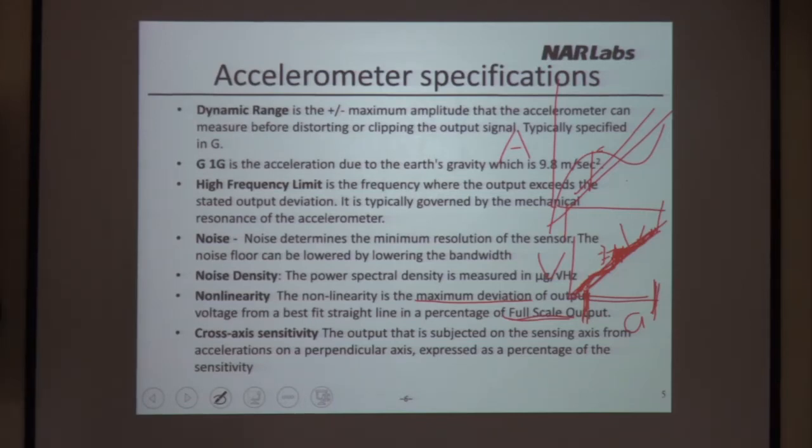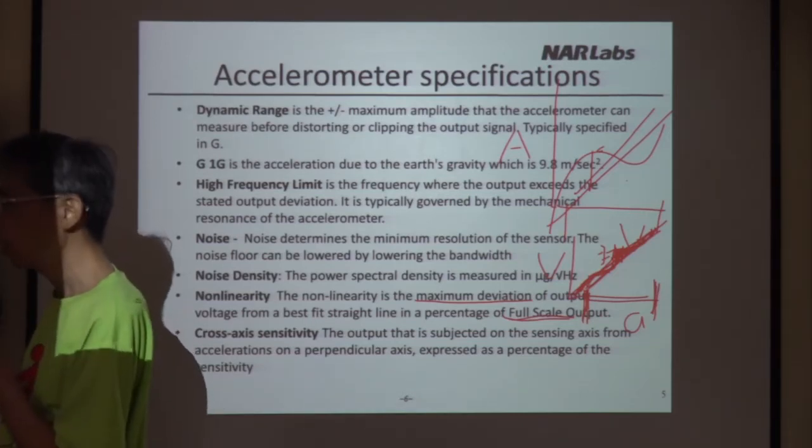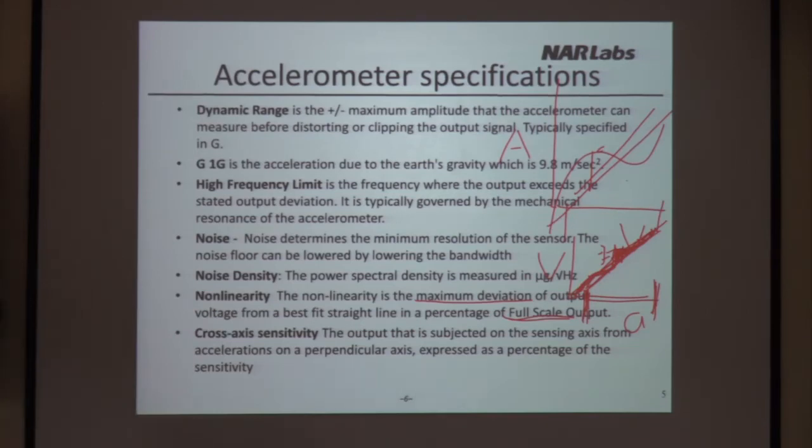Next one, cross-axis sensitivity. We have an accelerometer, and we want to measure the acceleration in this direction. Suppose your sensor is an X sensor, but there is vibration in the Y direction, a Y input.